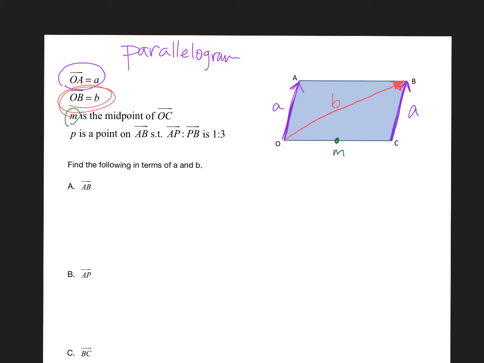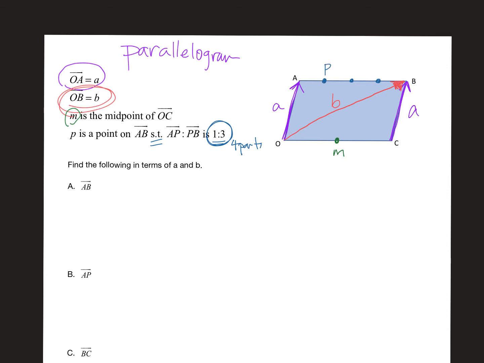Okay, so AB is the vector across the top, such that AP to PB is 1 to 3. Okay, so because it says 1 to 3, that means I'm going to divide this vector up top into 4 parts. All right, grand total 4 parts. And that means that I am going to put P right here.